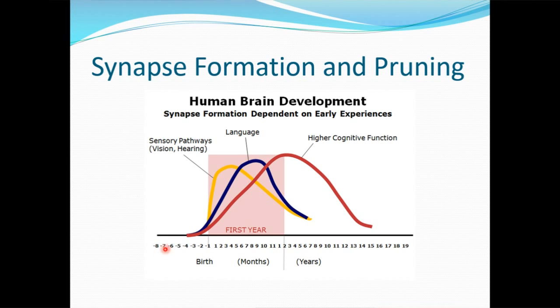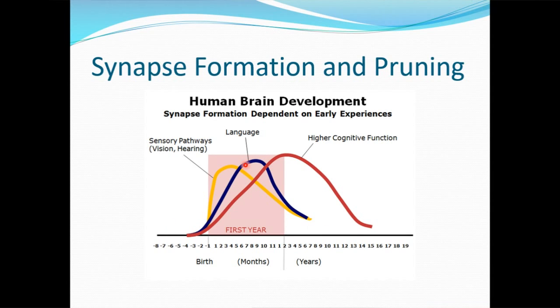Just over here, these are your months before birth. These are the months of your first year of life, and these are the years after that. If you look at your sensory pathways for vision and hearing, they pretty much start in your first year of life. There's a rapid increase, and then quite a rapid decrease again to the end of the first year of life, and then it tapers off somewhat.